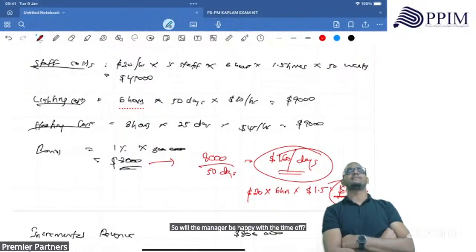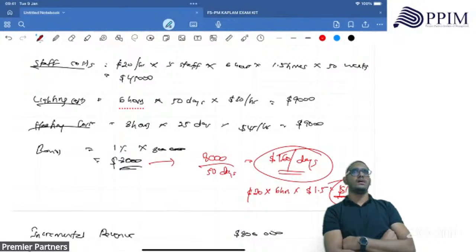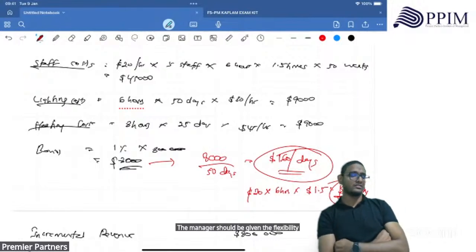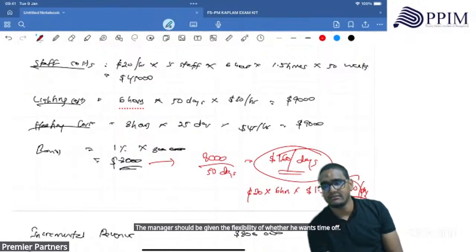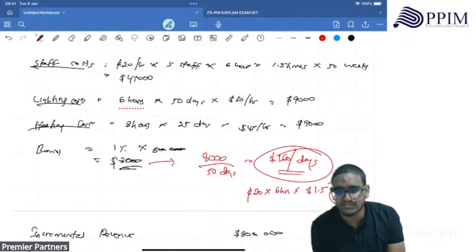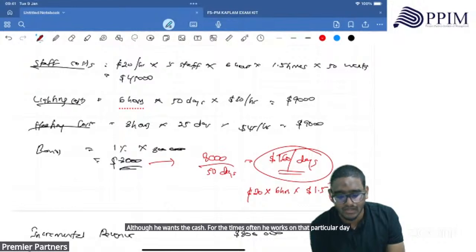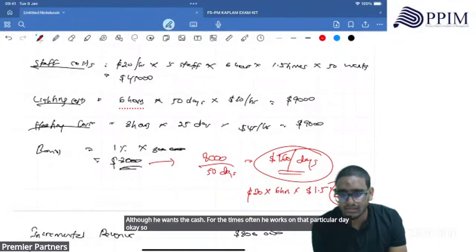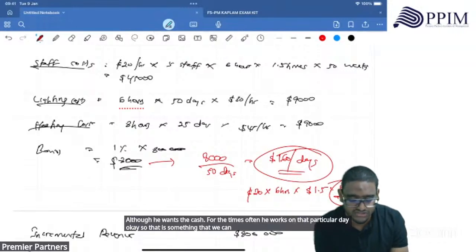Ideally, in a situation like this, the manager should be given the flexibility of whether he wants time off or whether he wants the cash for the time off and he works on that particular day. Right? So that is something that we can focus on.